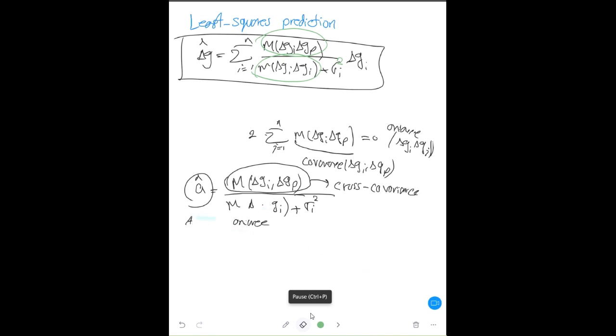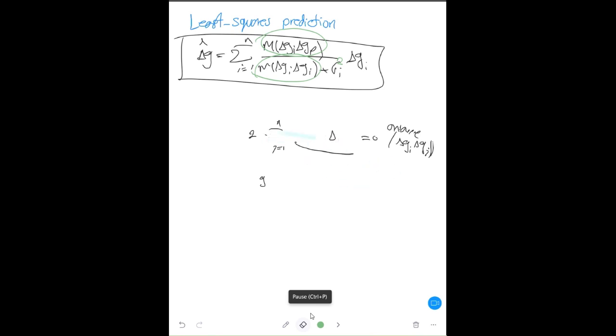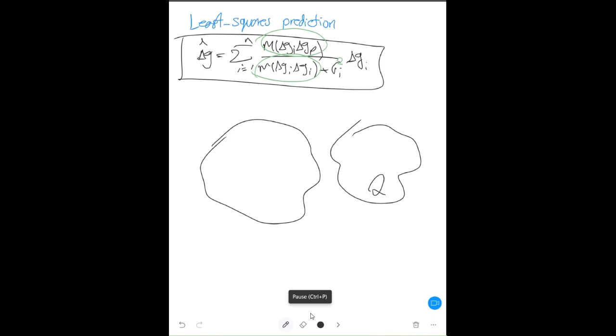Now I explain how we can use this in practice. What we should understand for least squares prediction is the prediction space and the measurement space. Let me call this the measurement space, and the other one the prediction space.